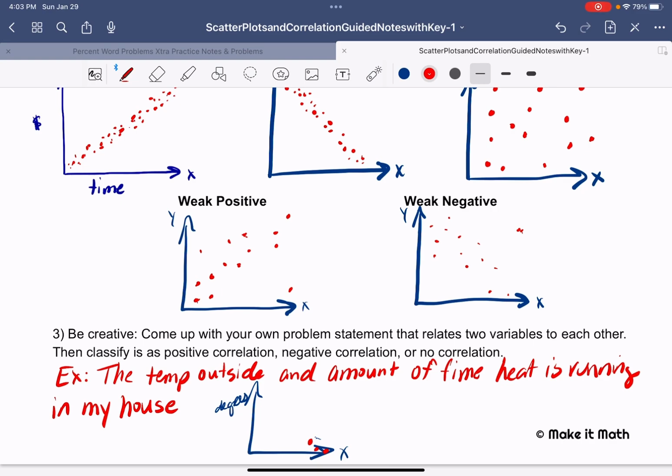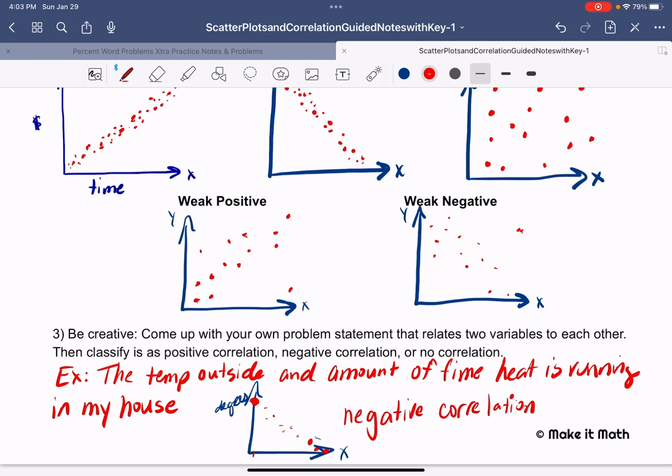But then say it's 100 degrees outside and it's way up here. Am I going to be running it for very long? It's probably going to be close to 0, right? And so forth. So I might see something like this. So I would say that this would be a negative correlation, right? Okay, because as the temperature outside increases, you're going to use your heat less in your house, all right?